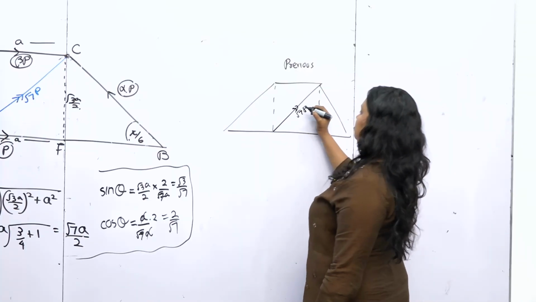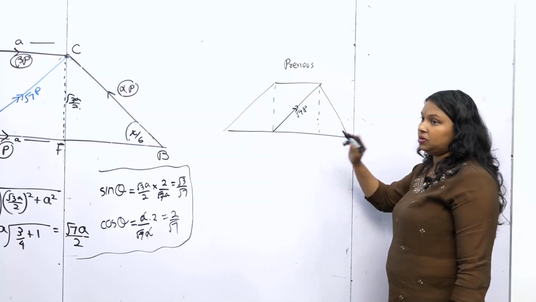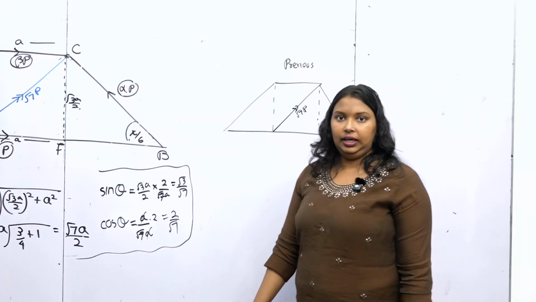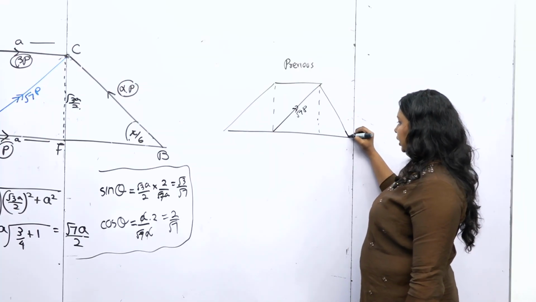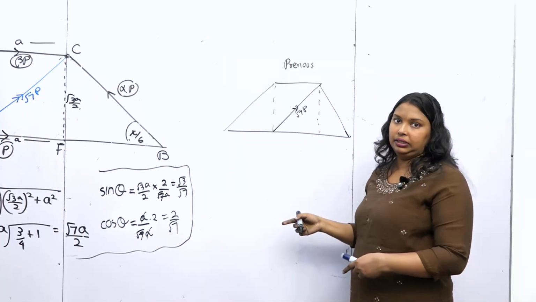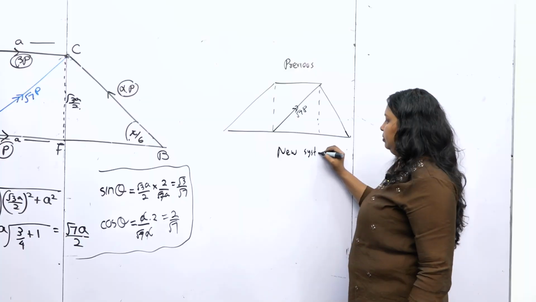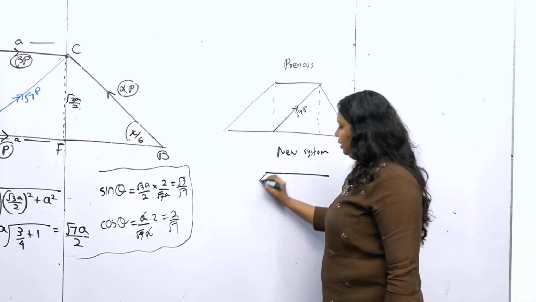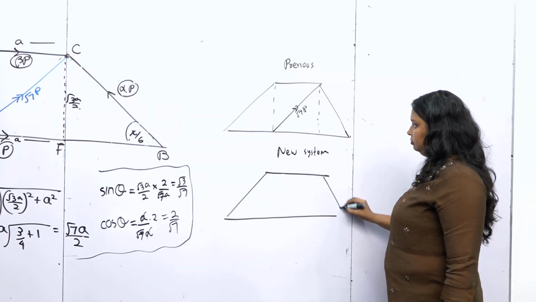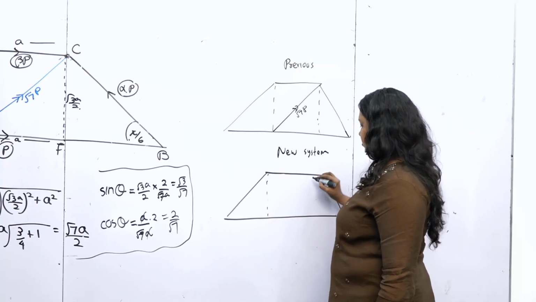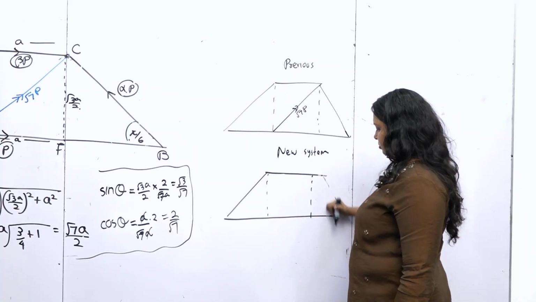This was the previous system. No need to mark all the things because the resultant force represents everything. Clear? Then now we add a couple, right? We add a couple to this new system. Right? New system. Like this.